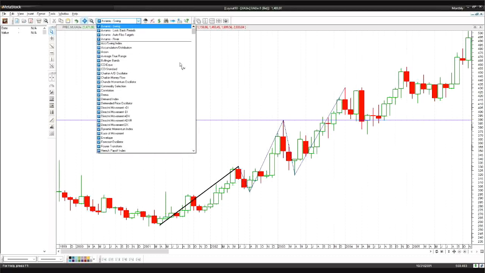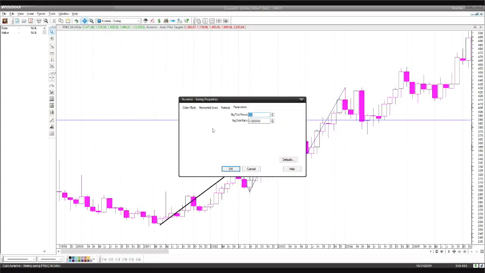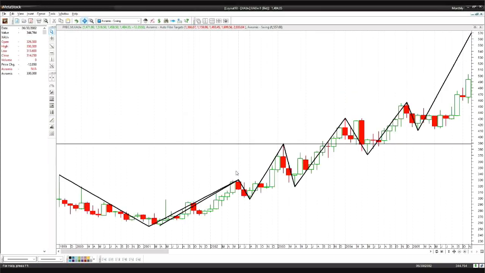By dragging and dropping it here on the candles, this indicator will automatically go and identify the correct tops and bottoms in the market. And there you go. Simply, this indicator is doing the hard job for us.